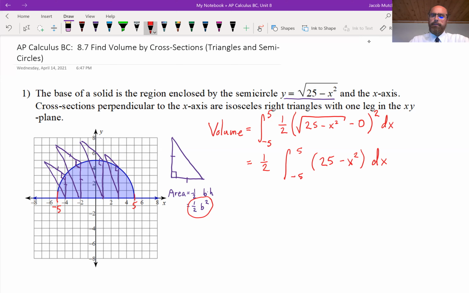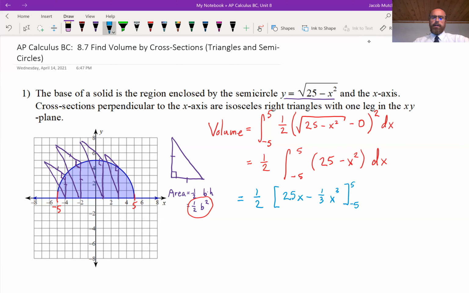So that's ready to integrate. This is going to be equal to 1/2 times bracket 25x, that's the integration of 25, minus 1/3 x cubed, and we'll evaluate from 5 down to -5.